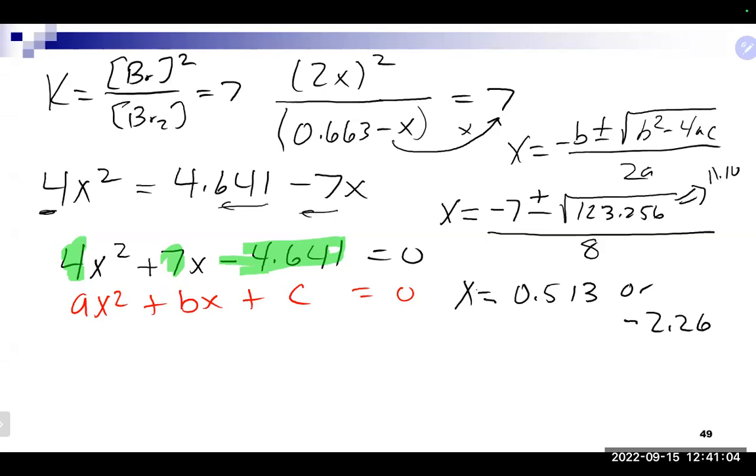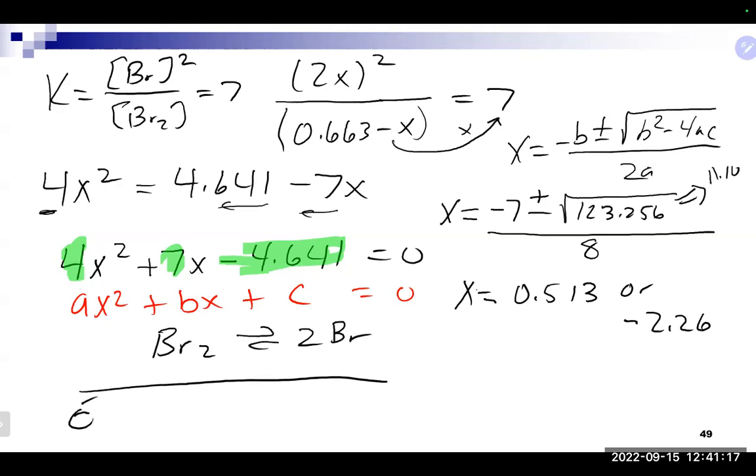If you're not sure, let us pop up here the ice table one more time. We're just going to put up the equilibrium line of the ice table, which is 0.663 minus x and basically 2x. Technically speaking, I would go and put both of those values into x.